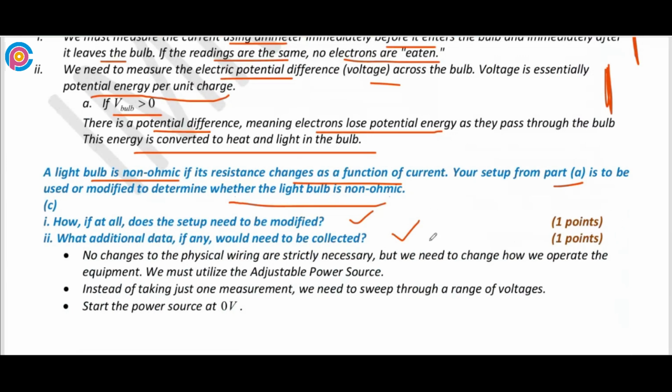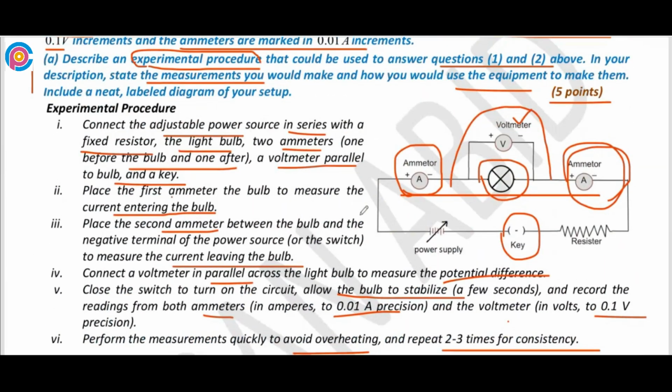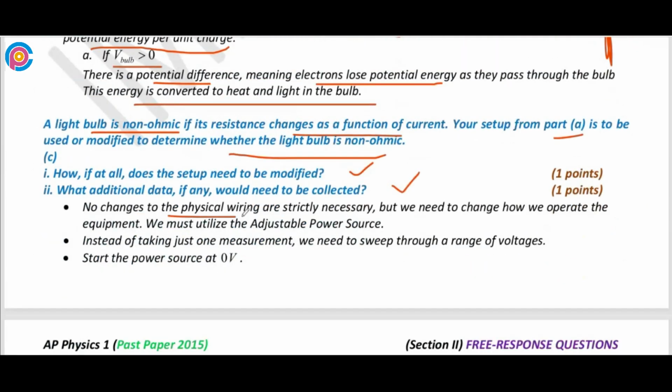Fourth, we have to design the experiment. Here we say there is no change to the physical wiring strictly necessary to check whether the bulb is ohmic or non-ohmic. We utilize the adjustable power supply; we can change the input voltage. Instead of taking one setting, we need to sweep through a range of voltages.